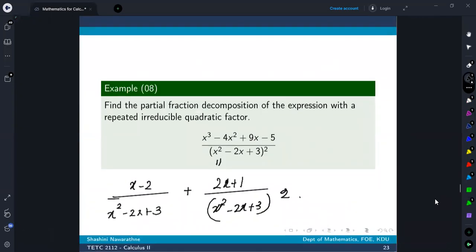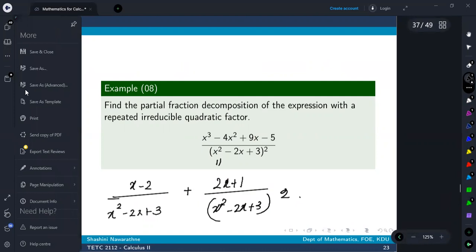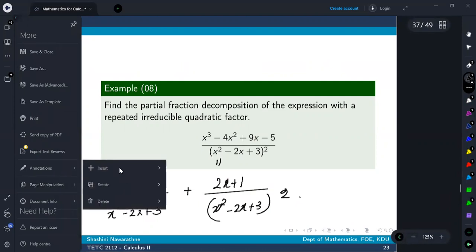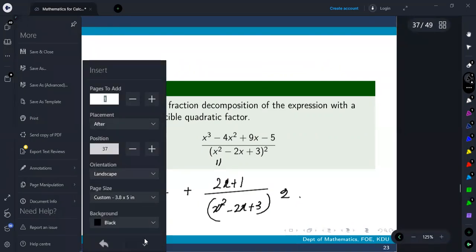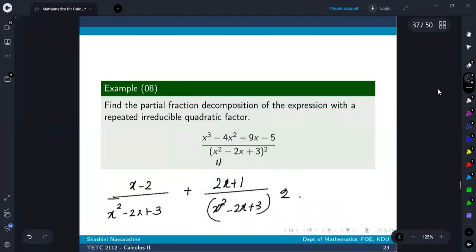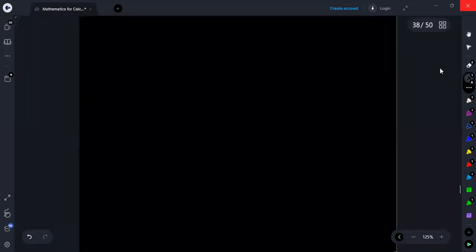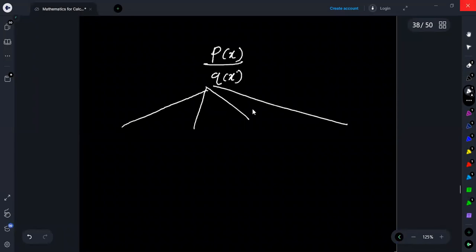So as a summary, I will summarize all the things that we have learned so far. We have a rational fraction of the form p(x) over q(x). According to the factors of this q(x), we can identify four cases of partial fractions.